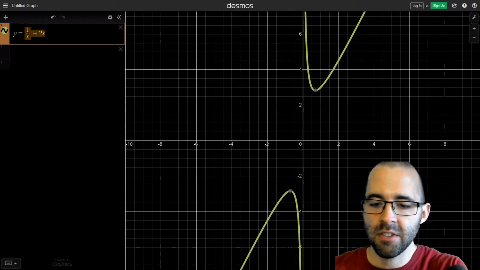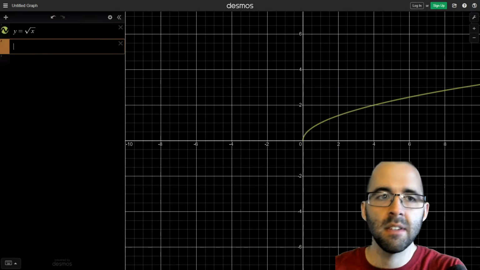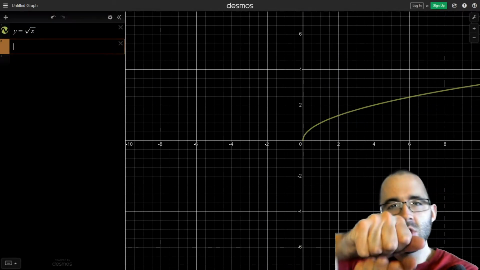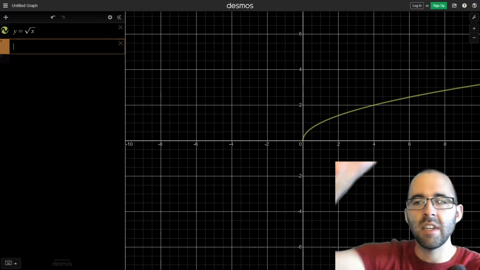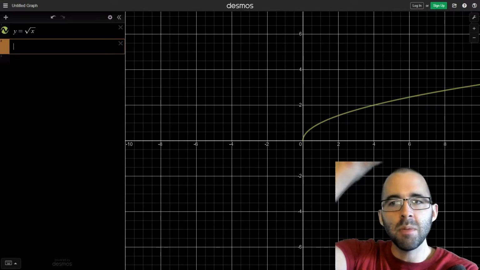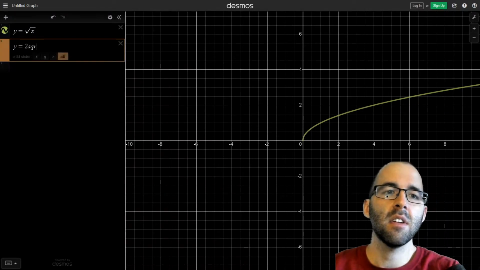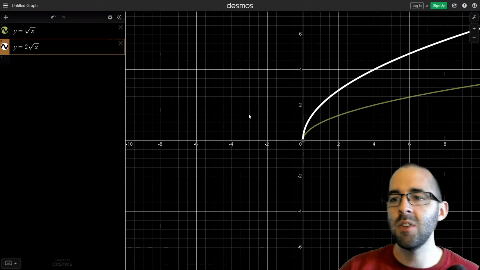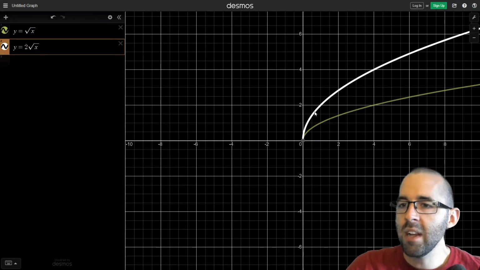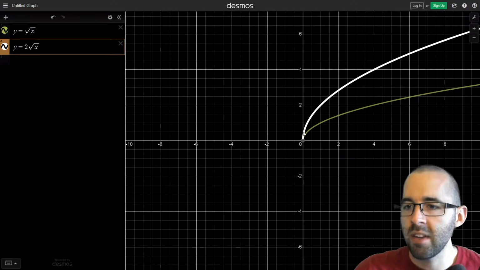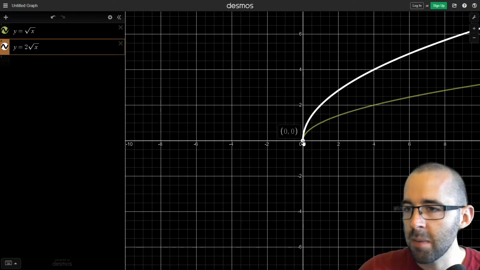If we're looking at a function, let's say the square root of x, and I wanted to stretch that up vertically, that's essentially multiplying all the outputs. If I take the square root of x and multiply it by 2, everything on this white graph is double what it is on the green graph. So double 0 is 0.